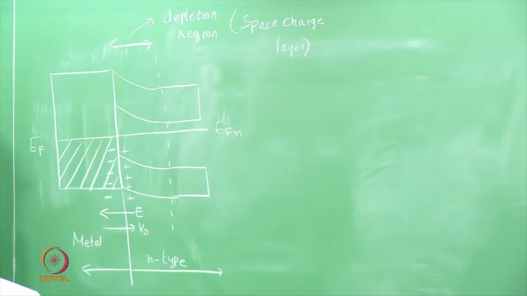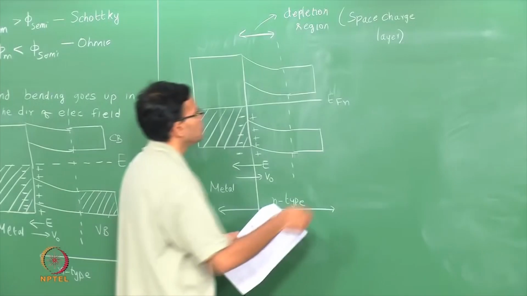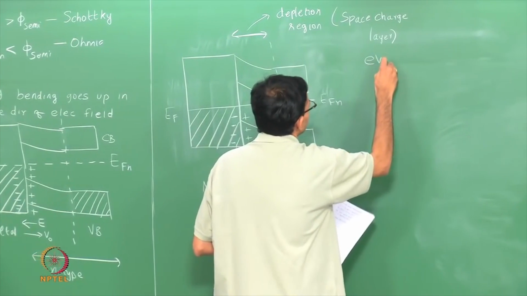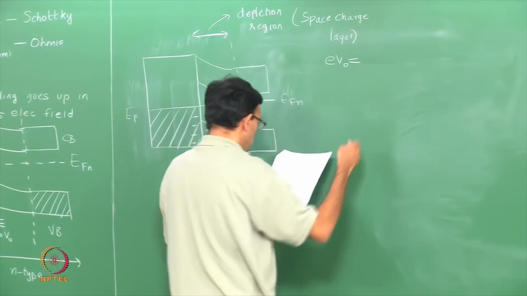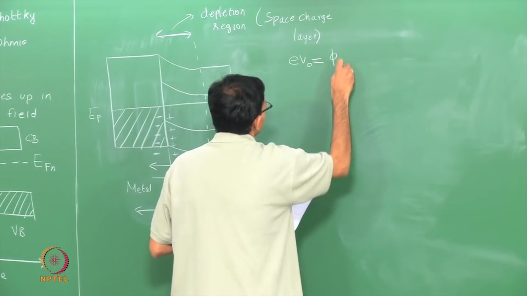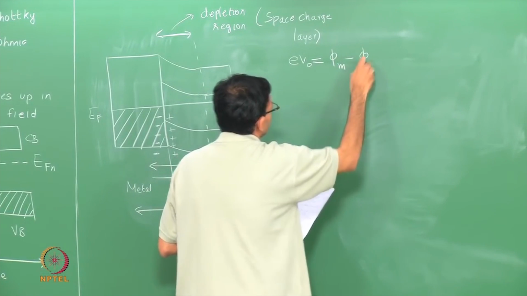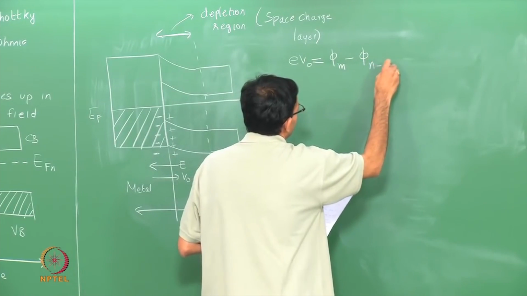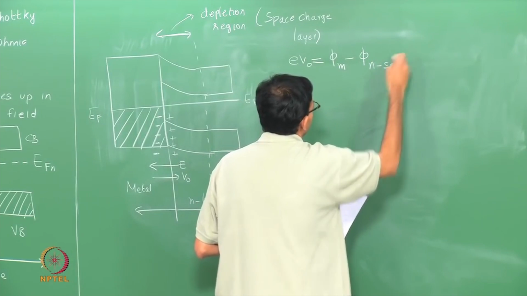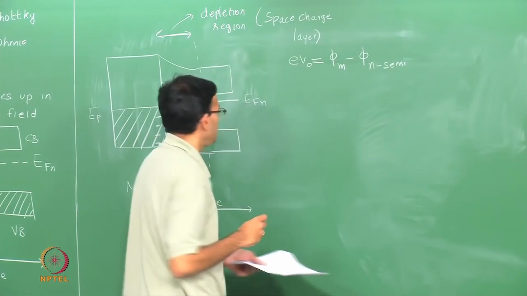Just like we had in the case of two metals, this contact potential depends upon the difference between the work functions. So, eV naught is nothing but phi m minus phi n. It is an n-type semiconductor, so I will just write it as phi n (semi).